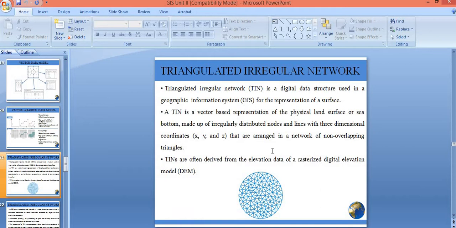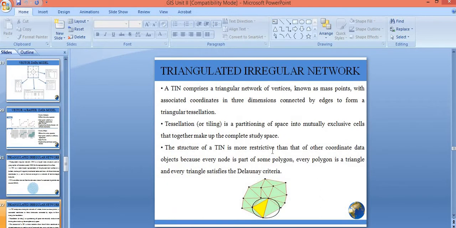When I say the triangular irregular network is a type of DEM, it means that TIN is used for storing the elevation details. Okay, so using TIN you can store the elevation details. The concept of TIN is very simple. Say for example, in a layer you are going to store some elevation details.